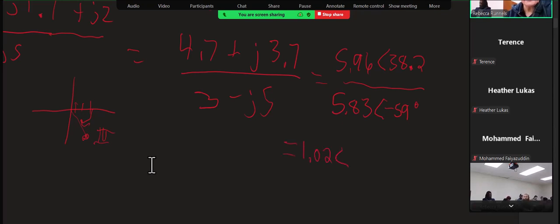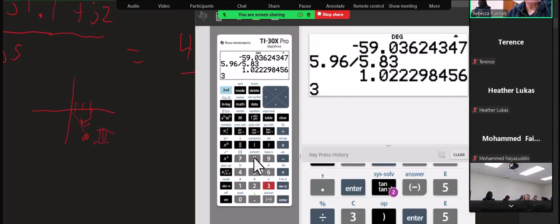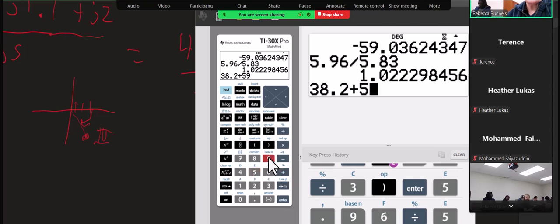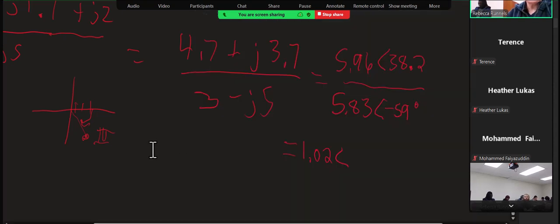And for the angles, it's going to be the numerator minus the denominator. So it'll be 38.2 minus negative 59, so 38.2 plus 59. And I get 97.2 degrees.